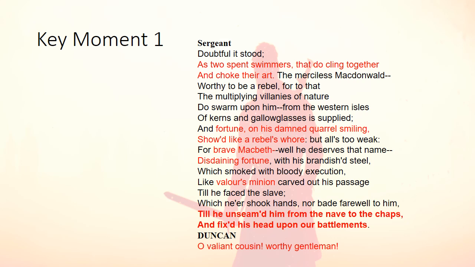And we get the praise of Duncan and the praise of the captain for his behaviour, while some examples like carved out his passage and his steel smoking with bloody execution go in as well, and add to this. While we look at and hear language that is repulsive, it suggests that Macbeth is brutal at best, bloodthirsty at worst.